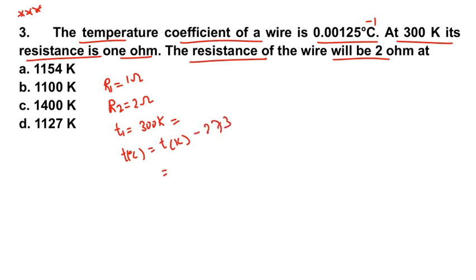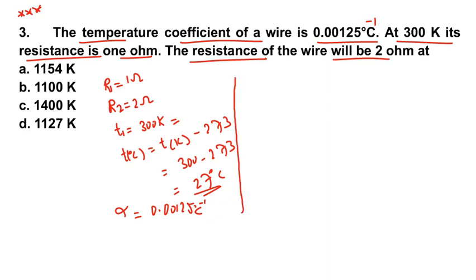Substitute here: 300 minus 273 equals 27 degree centigrade. And the temperature coefficient given is alpha equals 0.00125 per degree centigrade.